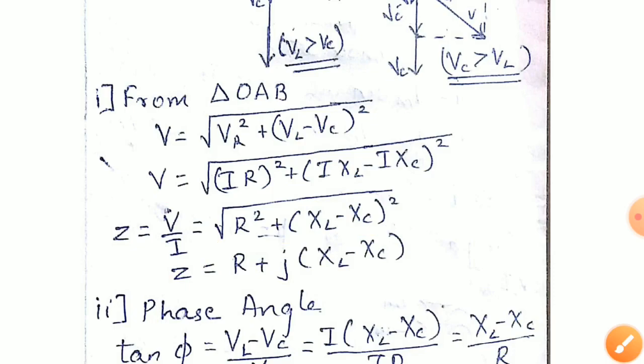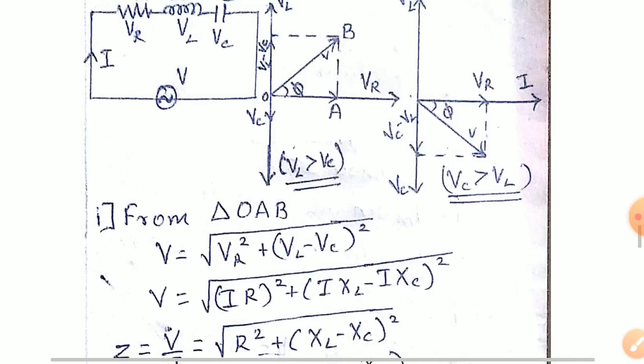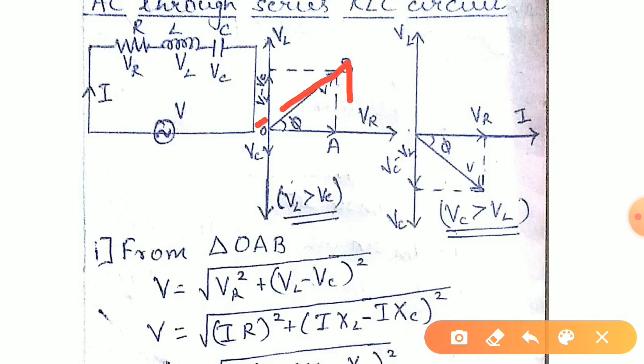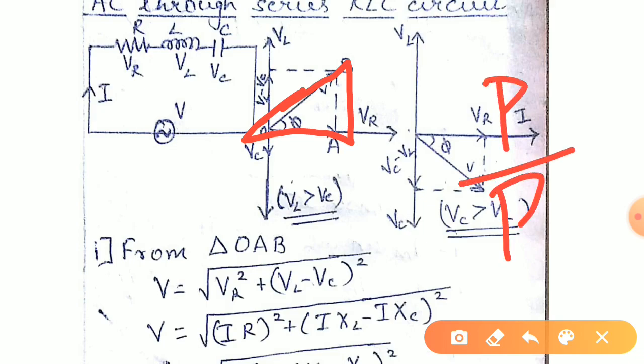If we need to find out the value of tan phi, that is phase difference, again we will take this right angle triangle. We will find out tan phi as perpendicular by base. Perpendicular is VL minus VC, base is VR.